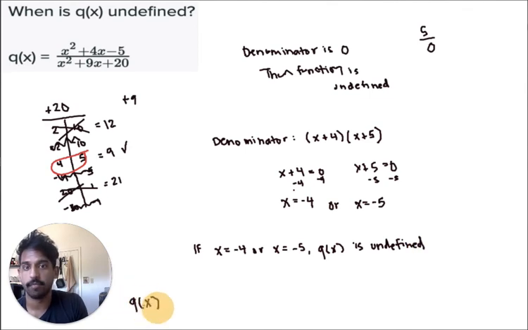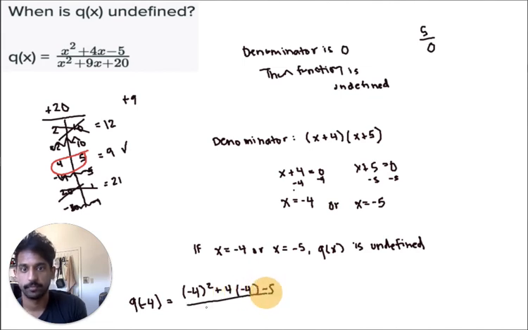Let's do q of negative 4. So it's going to be negative 4 squared plus 4 times negative 4 minus 5 over negative 4 squared plus 9 times negative 4 plus 20.